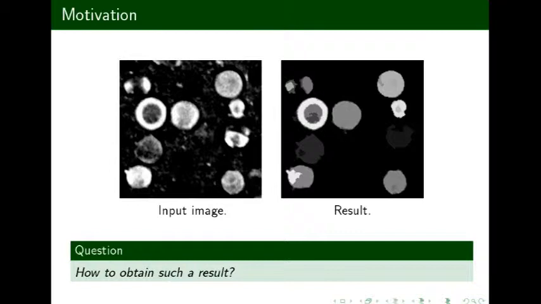So the motivation and goal today is image filtering, and how to obtain such a result from a given input image. What you can notice here is that we remove from the input image everything that is not round.